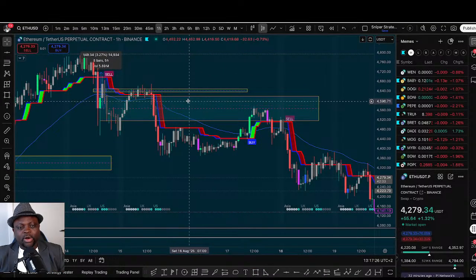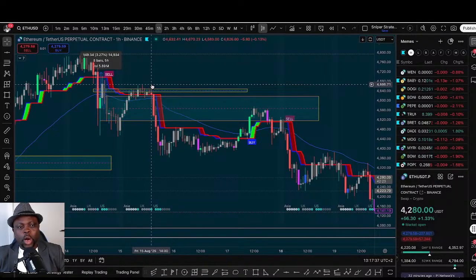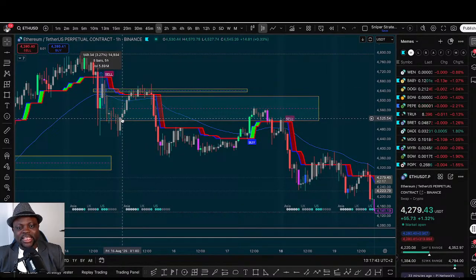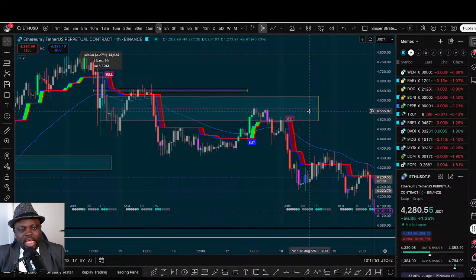Okay. Now you have established the fact that you want to place that aggressive order here. And placing that aggressive order here, you are putting your stop loss just below, closer to price, because this was the candle that caused this huge downward trend. Now, if you want to be so aggressive, you are buying here.